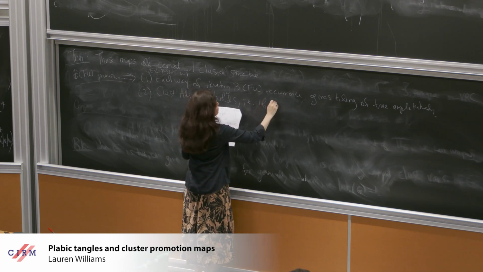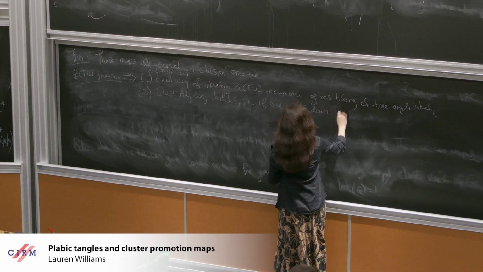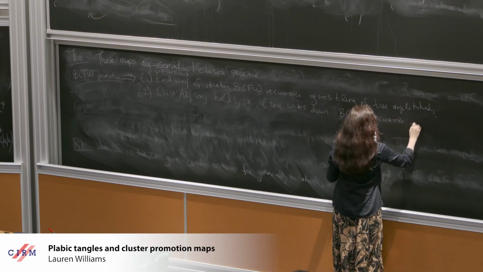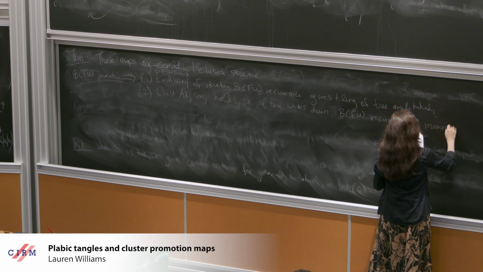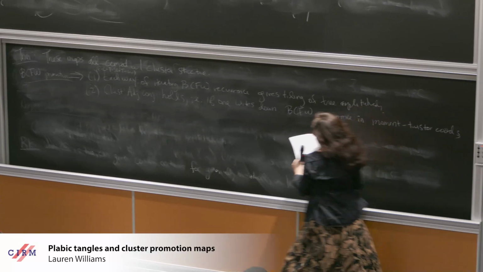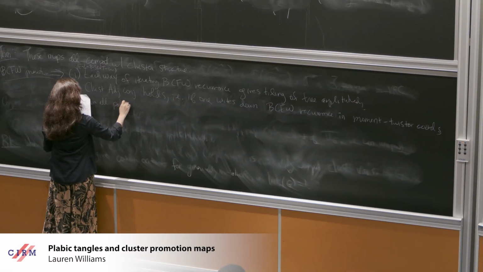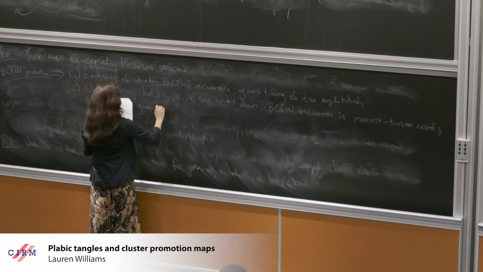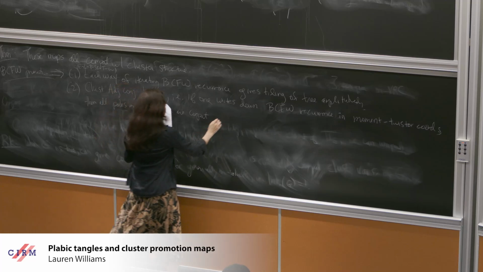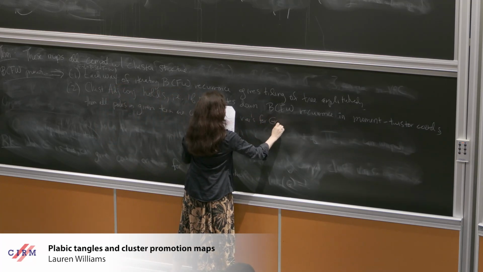I mentioned this already: if one writes down the BCFW recurrence in momentum twistor coordinates, then all poles in a given term are compatible cluster variables for GR4n.